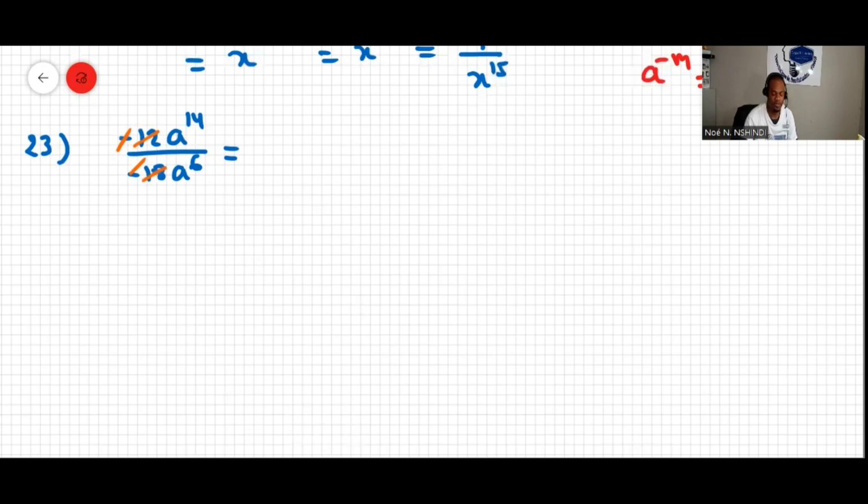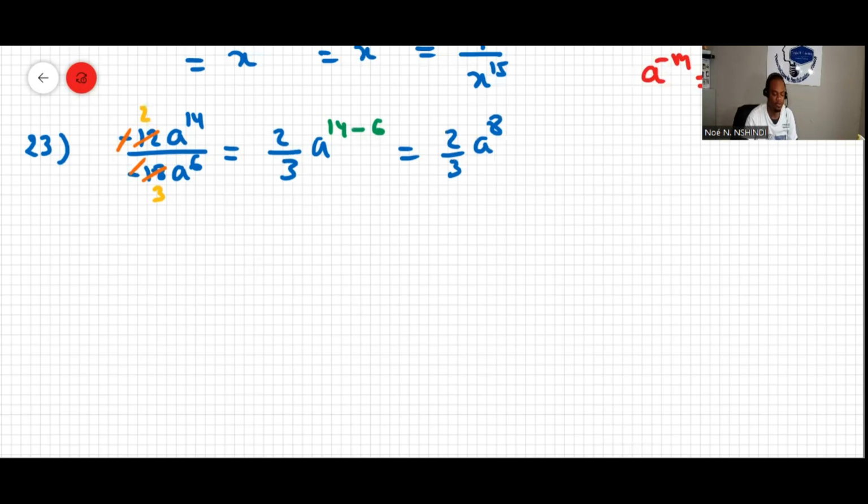We can divide them by 6, and that's going to be 2 and 3, so we write 2 over 3. We work out the constant first, and now a to the power of 14 minus 6. So this is equal to 2 over 3 a to the power of 8.